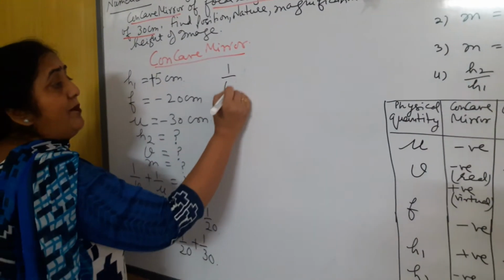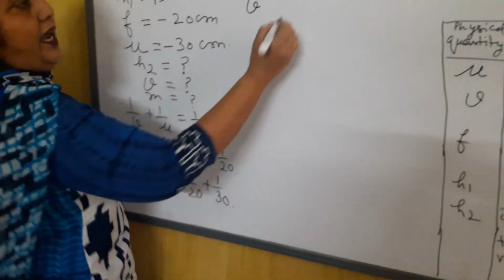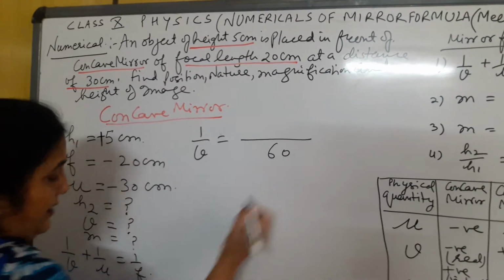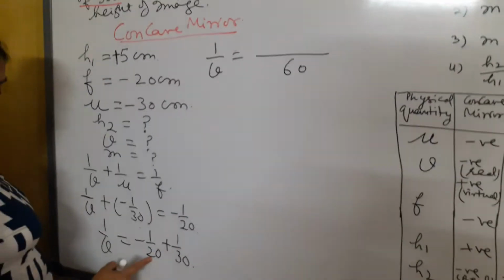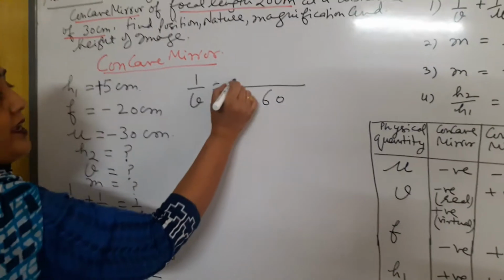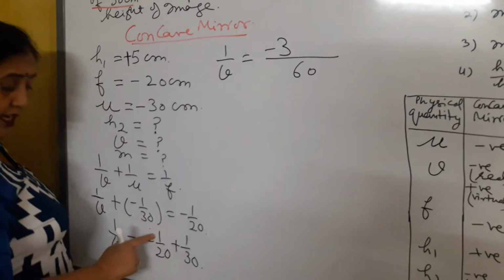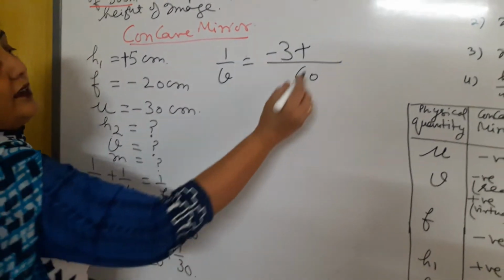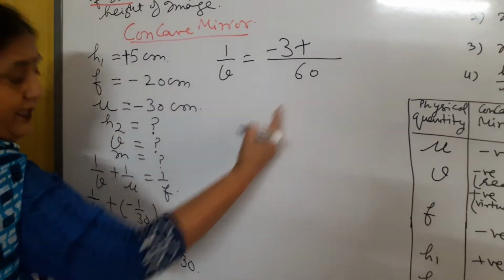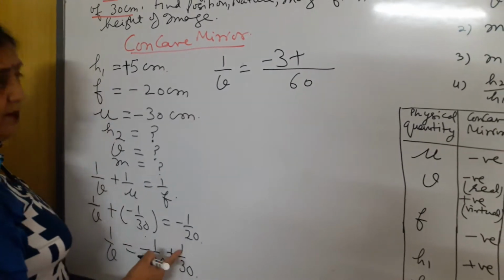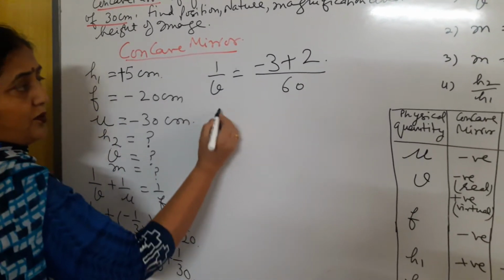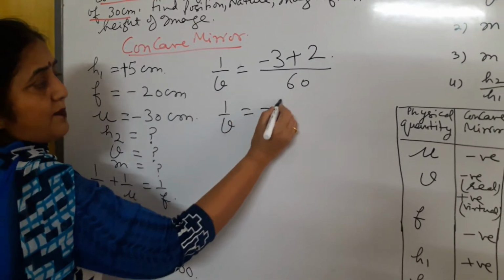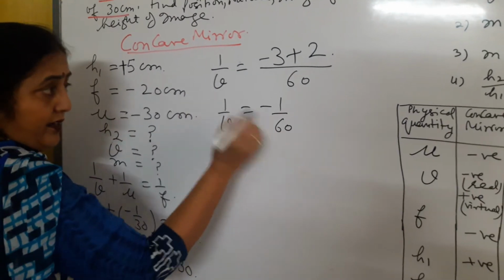Now LCM of 30 and 20 is 60. So divide 60 by 20, it is 3. So 3 multiplied by 1 is minus 3. Plus 60 divided by 30 is 2, and 2 multiplied by 1 is 2. So 1 upon v is minus 1 by 60.